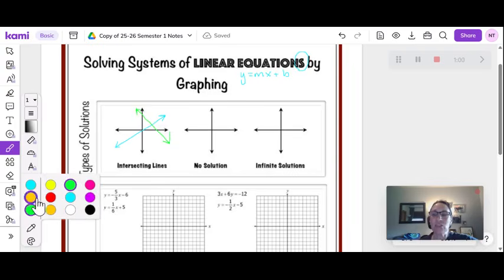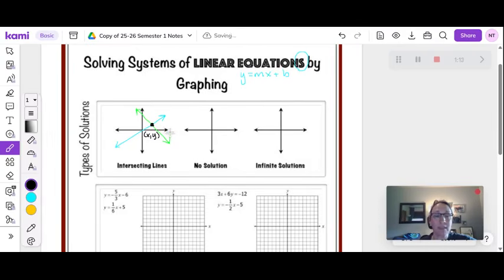The answer to a system of equations is the point where the two lines intersect or cross. And we write that answer in an ordered pair as x comma y. So the solution to a system is where the lines intersect. Okay, so remember that. So that's one type of answer we could get.